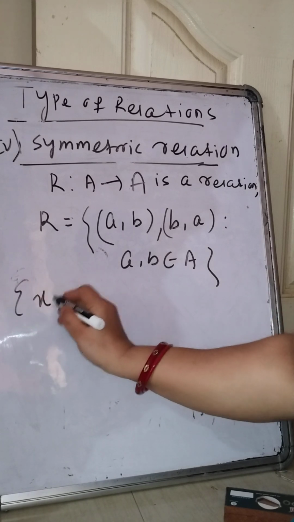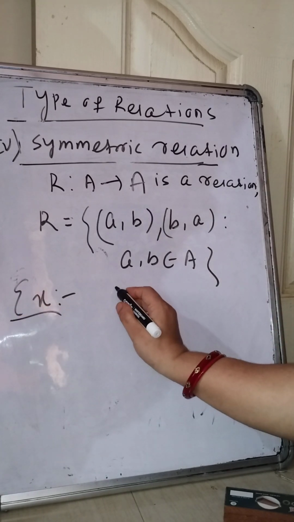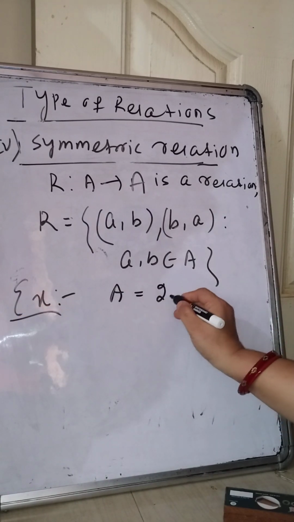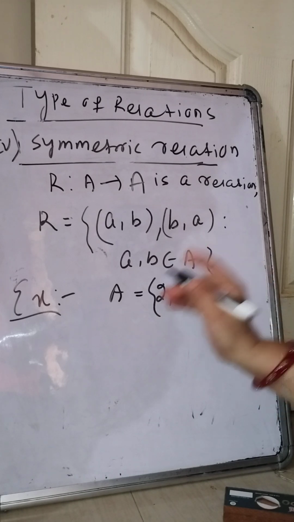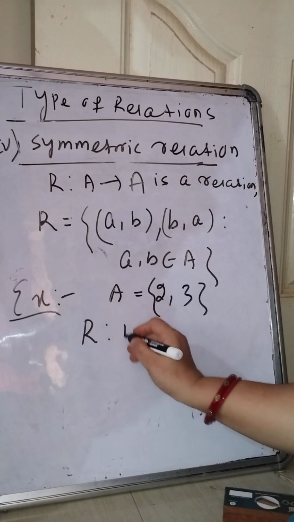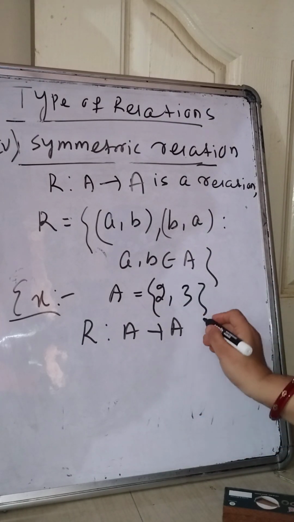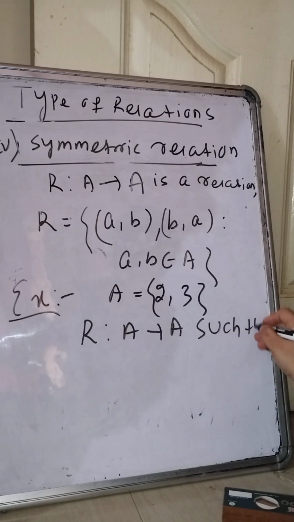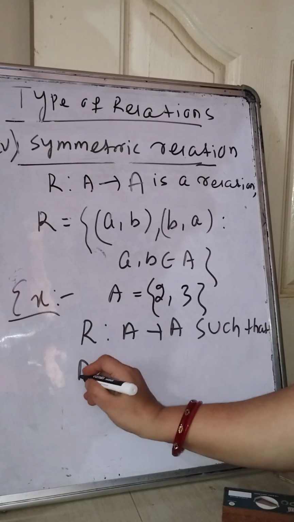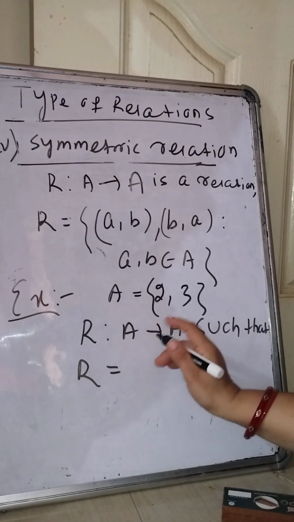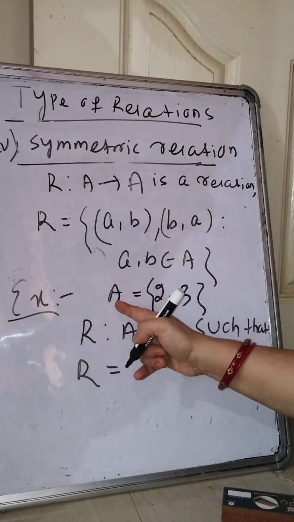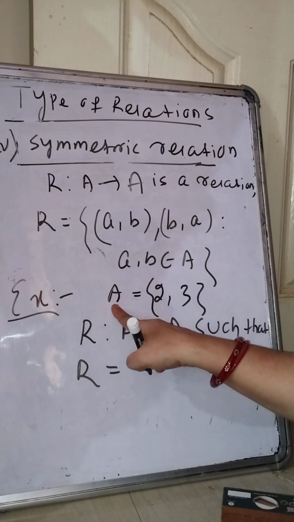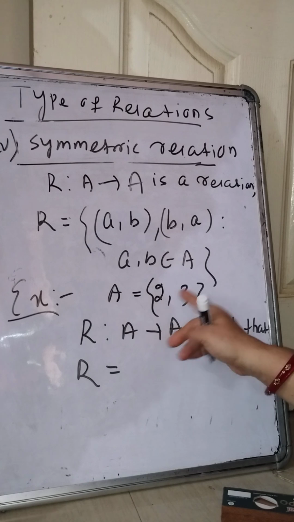For example, the same example you can consider. Previously we have taken set A as 2, 3. Now if R from A to A is such that, you know how to find the Cartesian product of set A and A, A cross A, 4 ordered pairs you can get.